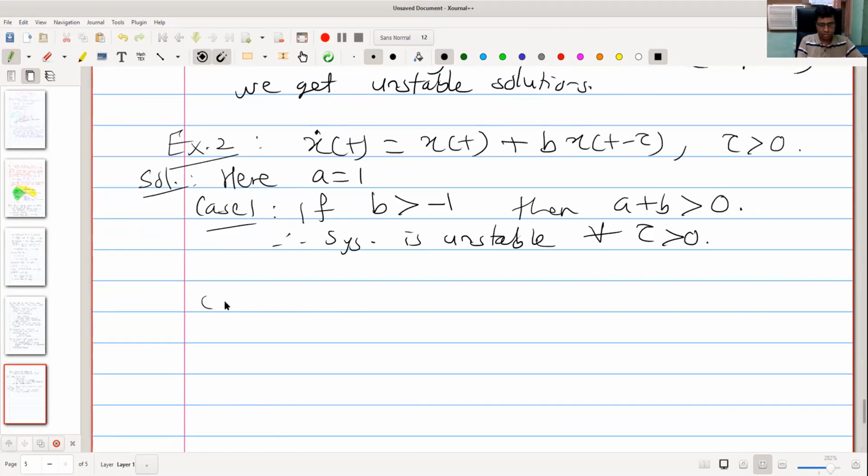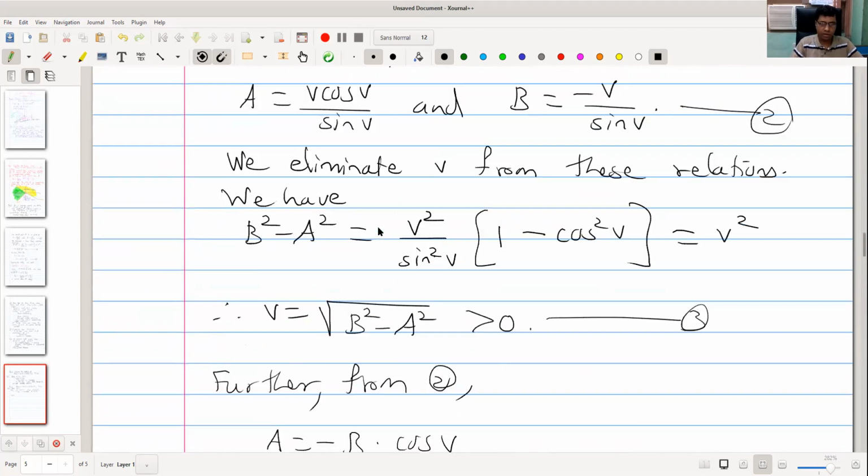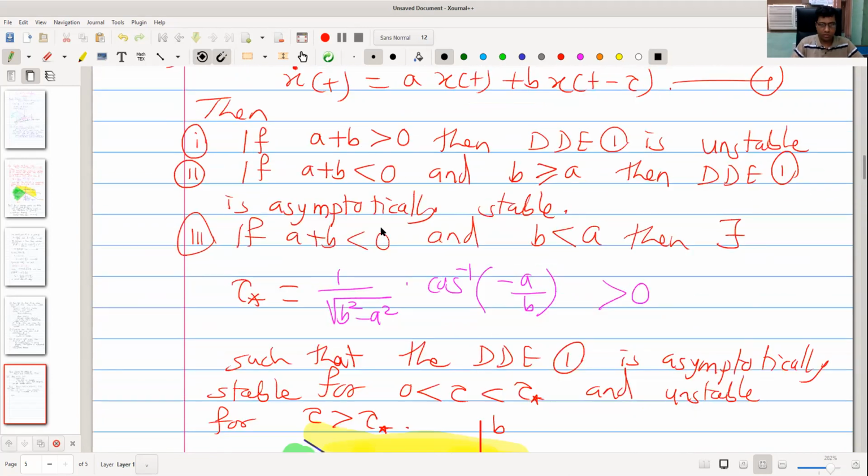Case 2. Case 2 is like this: a plus b should be negative, but b is greater than or equal to a. Let us try to select such a value of b.